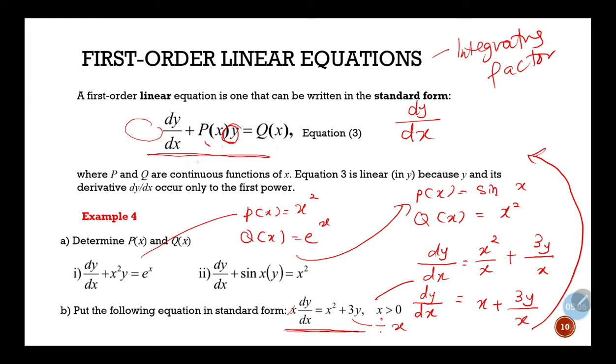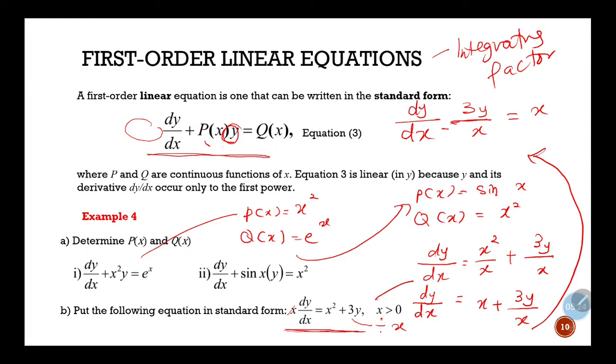Whatever function of x is multiplied with y, so it should be dy/dx minus 3y over x equal to x. So this is minus.